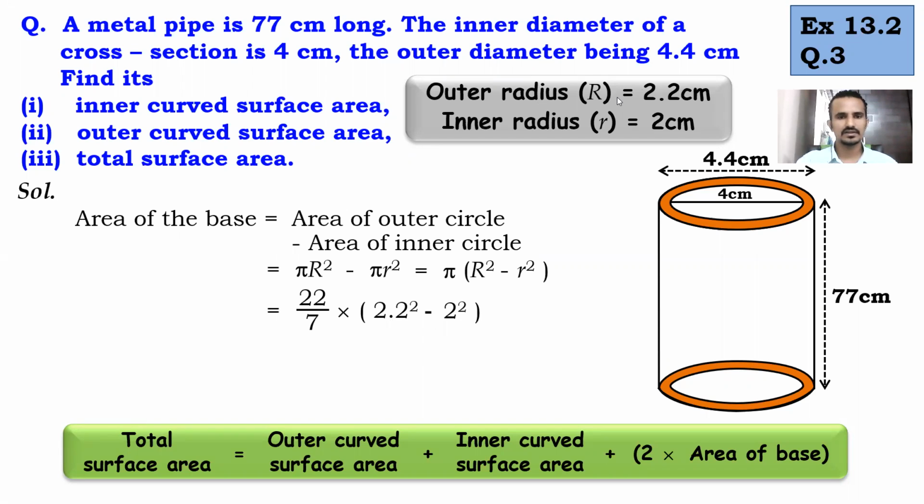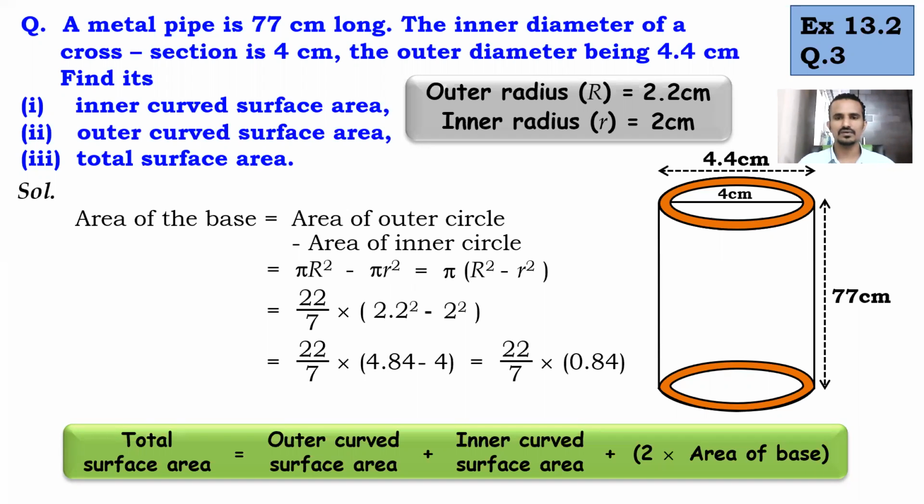So it will be 22/7 multiplied by the bracket. 2.2 square is 4.84, since 22 square is 484, and we adjust the decimal point. 2 square is 4. So 4.84 minus 4, we just subtract that 4, and we get 22/7 multiplied by 0.84.